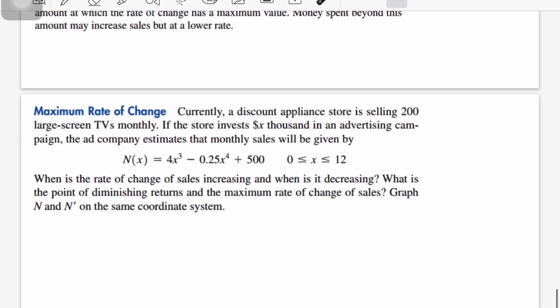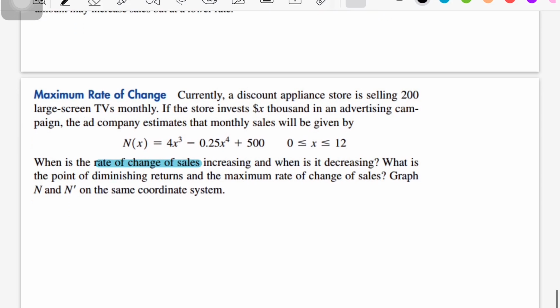So we want to figure out when is the rate of change of sales increasing and when is it decreasing, and what is the point of diminishing returns and the maximum rate of change of sales. So we know that the rate of change of sales is going to be given by the derivative of this, since this represents the monthly sales.